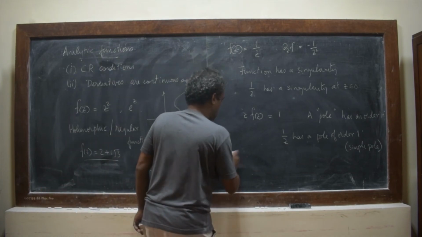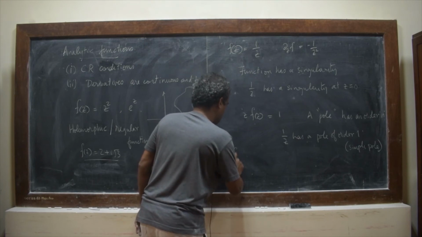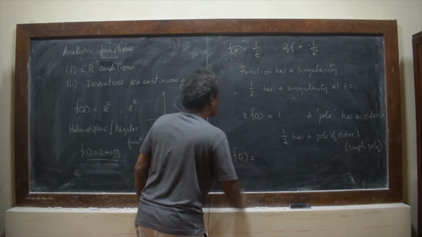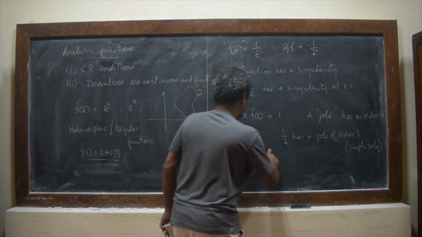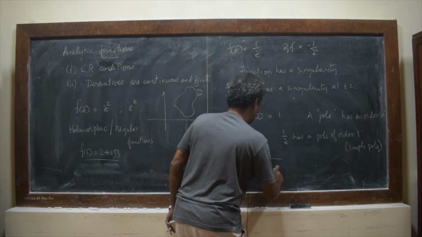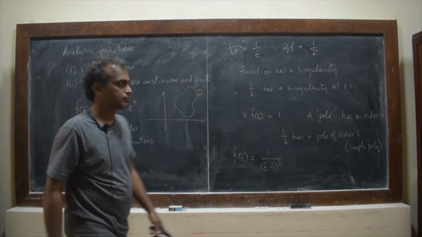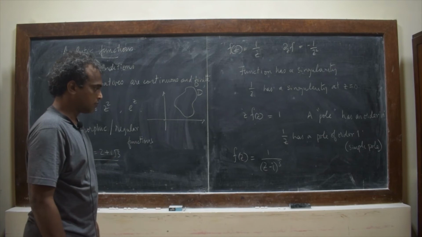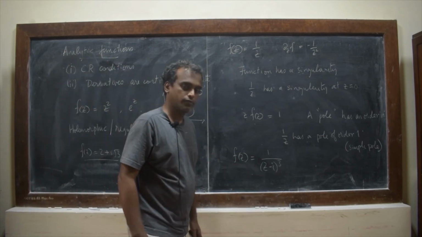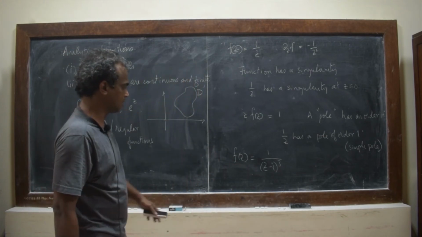Now, consider one more example, f of z equal to, let us say, 1 over z minus i whole cube.